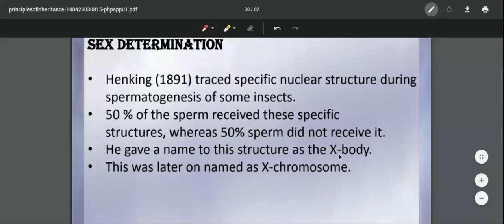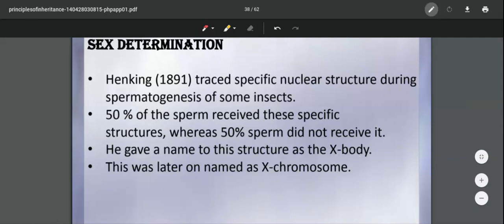So, as I told you before, he called this structure the X body. And he noticed that 50% of sperms receive the X body, and 50% of the sperms produced during the process did not receive the X body. Later on, many other scientists investigated, and on further investigation, they found that this X body was actually the X chromosome.